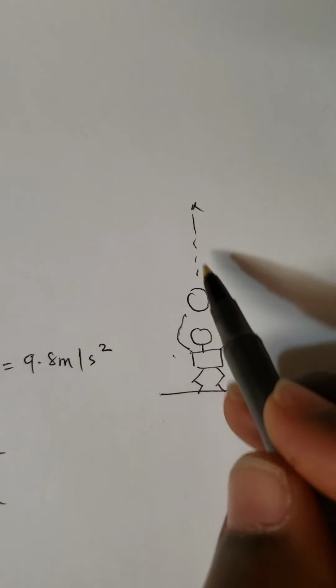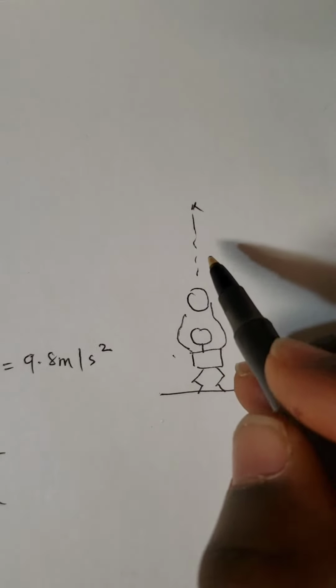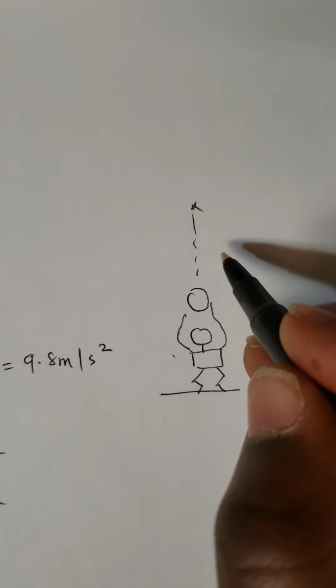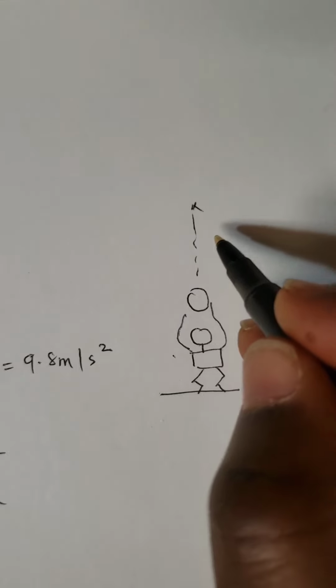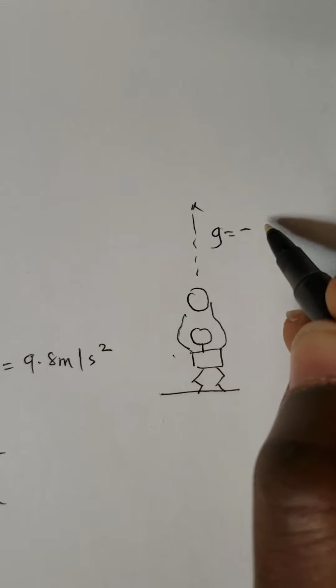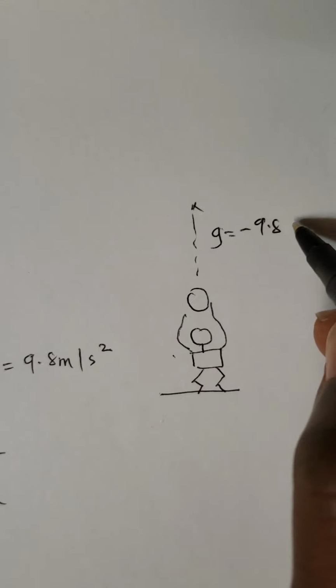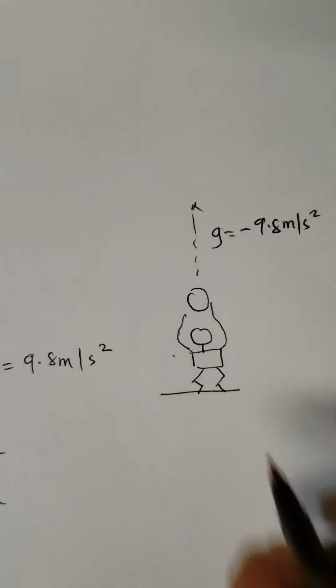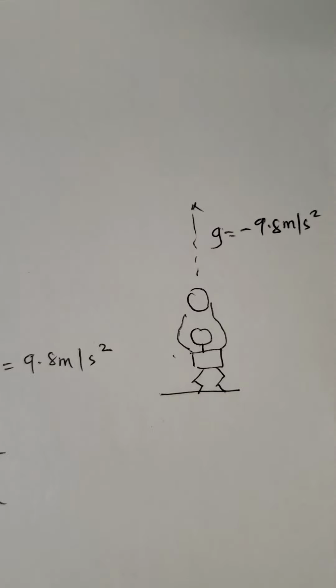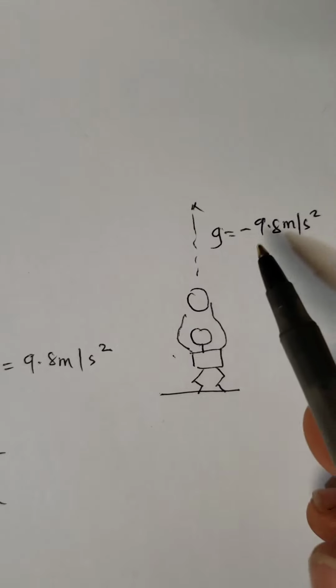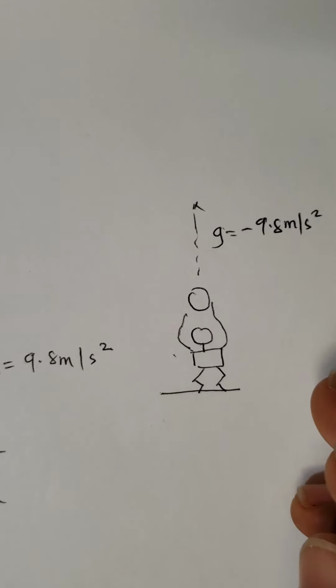As this object is thrown up, it will experience a negative acceleration. So in that case, we say G is negative. The reason why it is negative is because it is opposing gravity. Gravity always acts downwards, so anything acting upward is always opposing gravity, or you can say it's against gravity. So that's why G here is minus 9.8 meters per second squared. Now, that is number two.